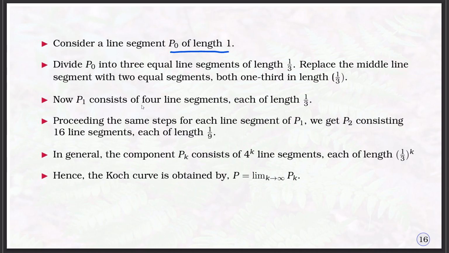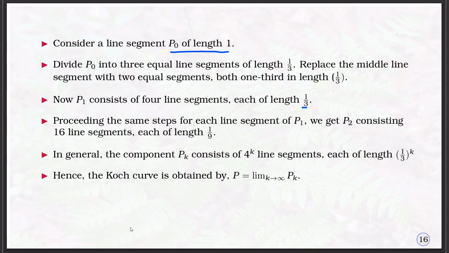Now, P1 consists of 4 line segments, each of length 1 by 3. Proceeding with the same steps for all line segments of P1, we get P2 consisting of 16 line segments, each of length 1 by 9.